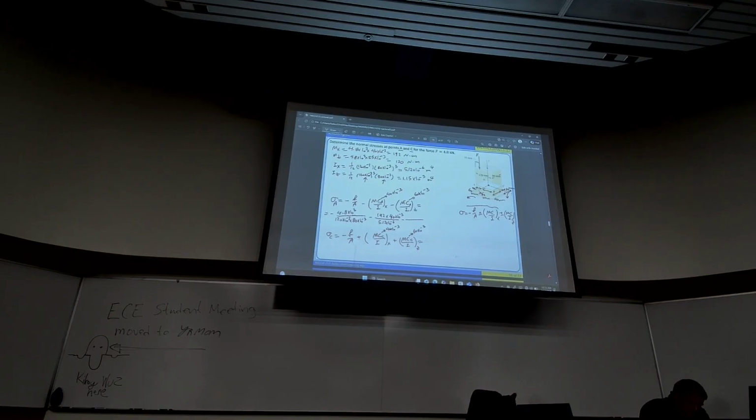And Mz is 120, and Iz is 1.12. In fact, these are the same, just the signs in between change. So take advantage of that.